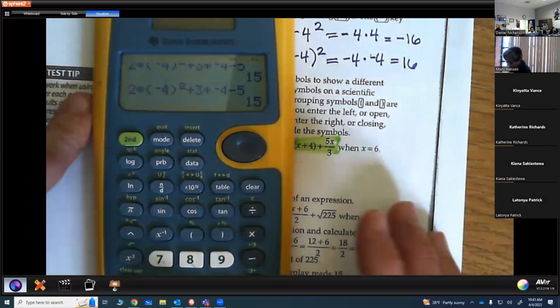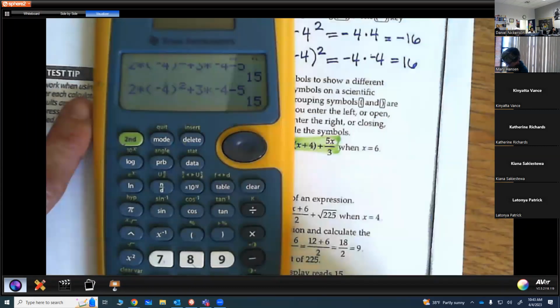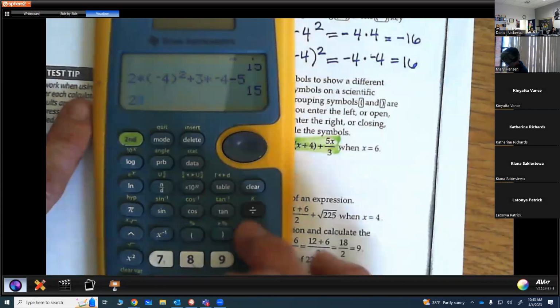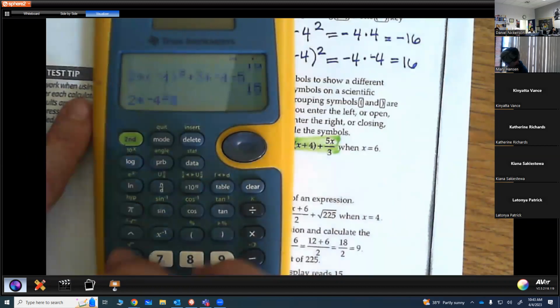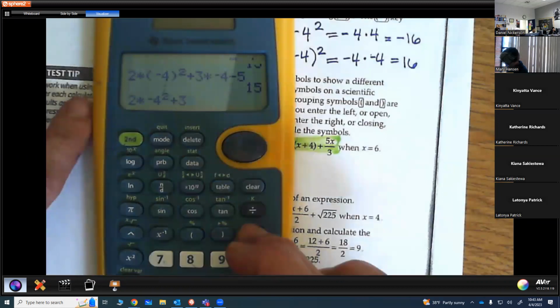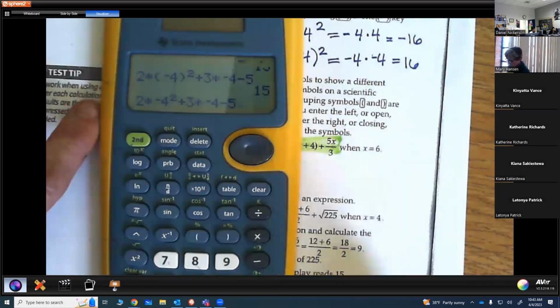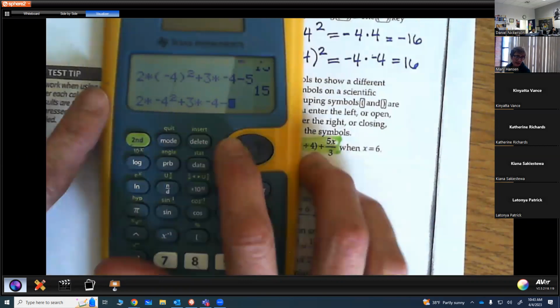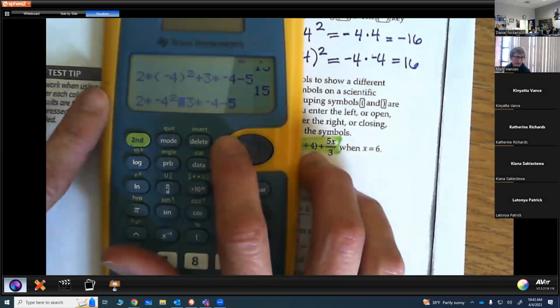Okay. Another thing you can do is, let's say I type this in and I forget my parentheses. And I go, oh, darn, I know I was supposed to put parentheses. So I can come back here.